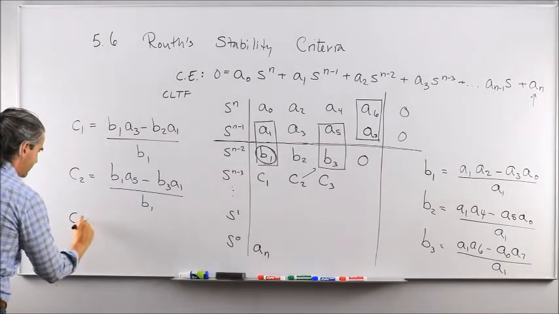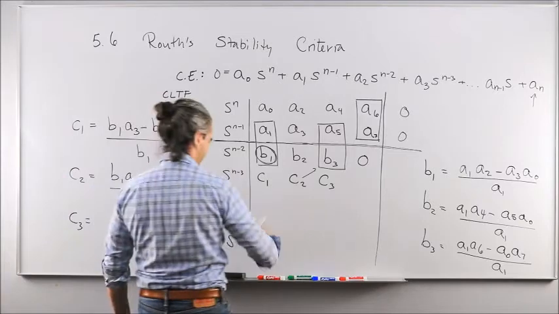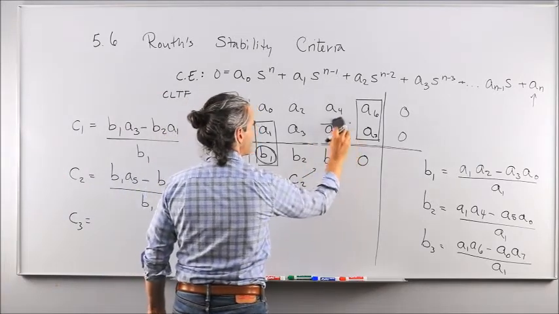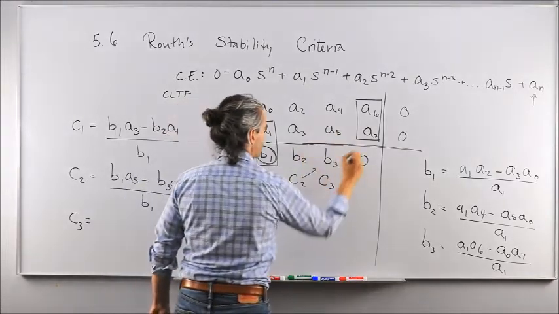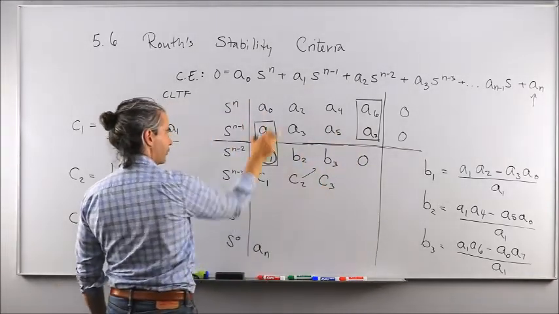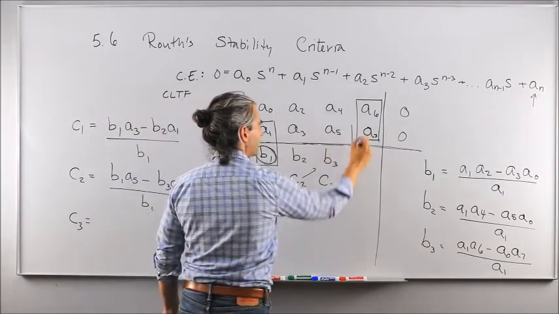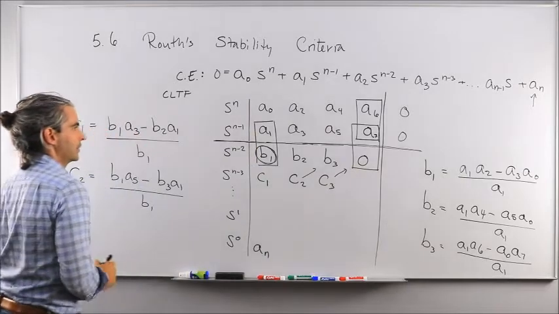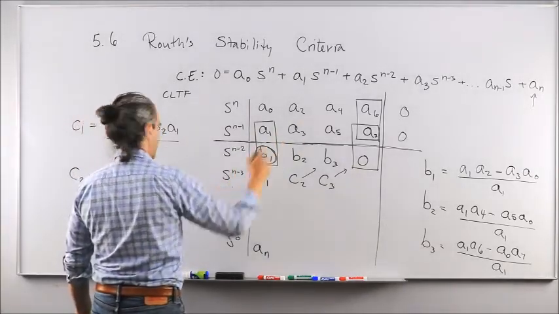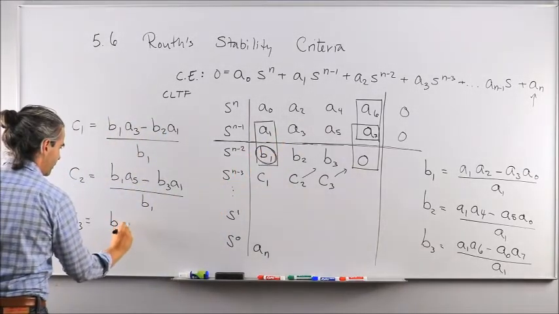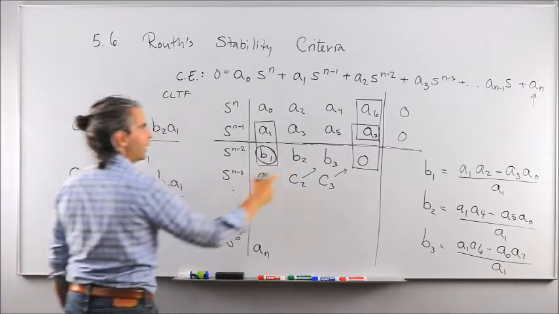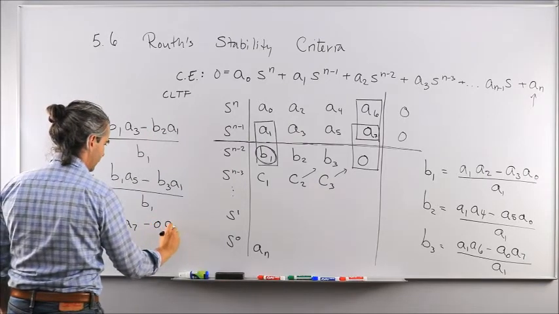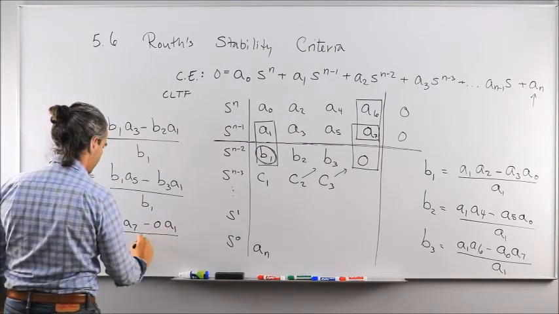C3, let's do C3. The C3 is going to be relying on the first column here and the column on its diagonal, like that. So it is going to be B1, A7, minus 0 times A1 over B1.